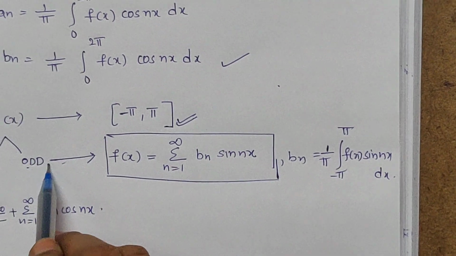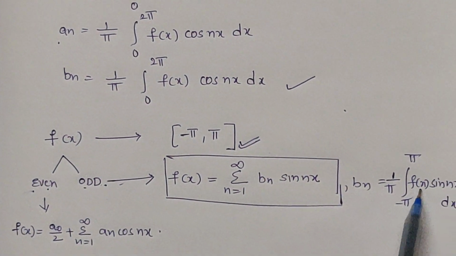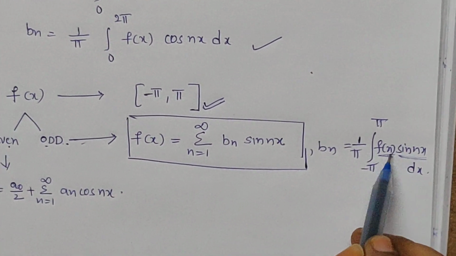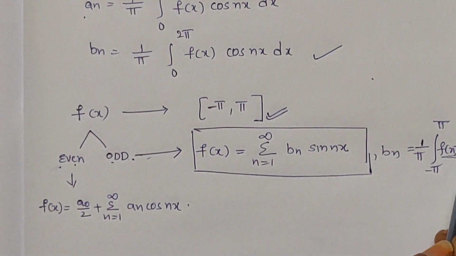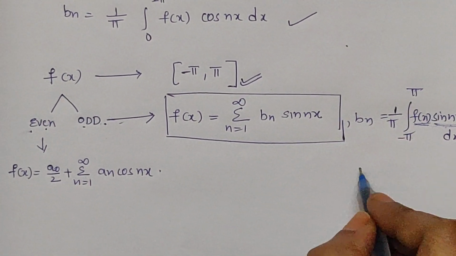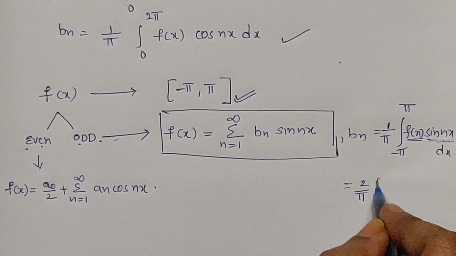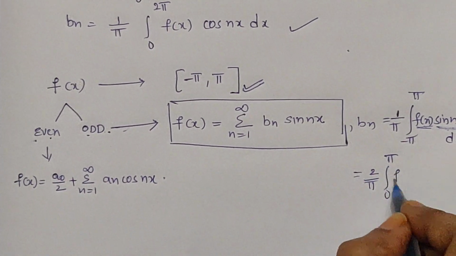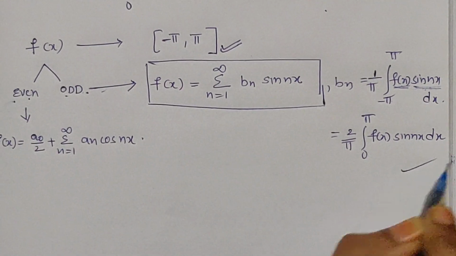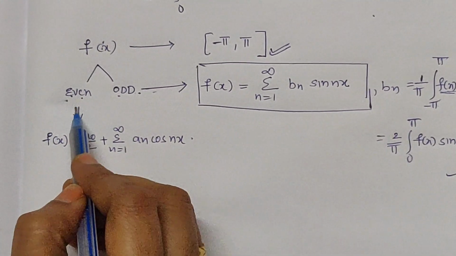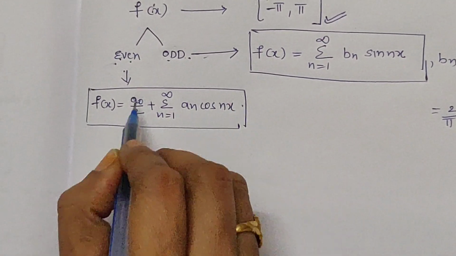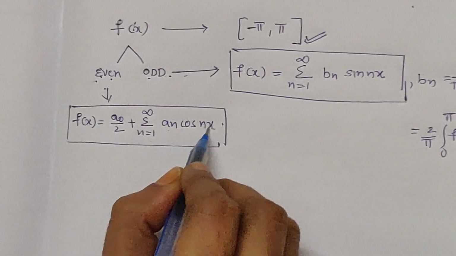If the function is odd, f of x is odd and sin nx is also odd, both are odd functions, so the product is even. If the function under the integral is even, minus pi to pi can be written as 2 into 0 to pi, f of x sin nx dx. Now if the function is even, the Fourier series expansion is a0 by 2 plus sigma an cos nx.